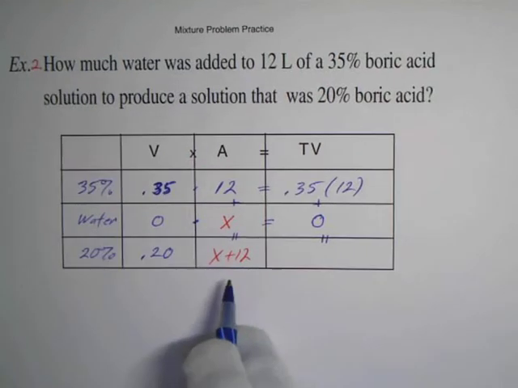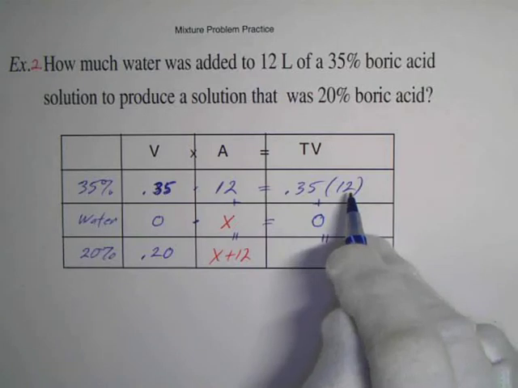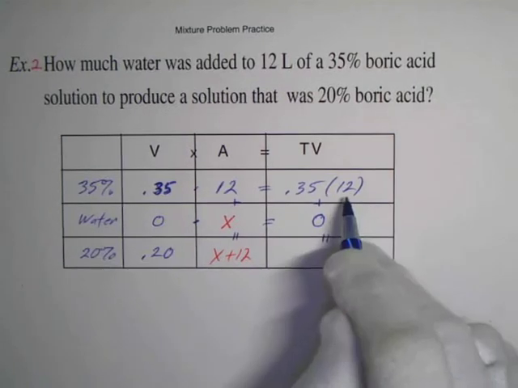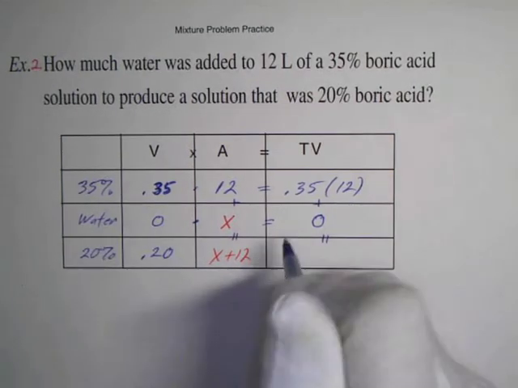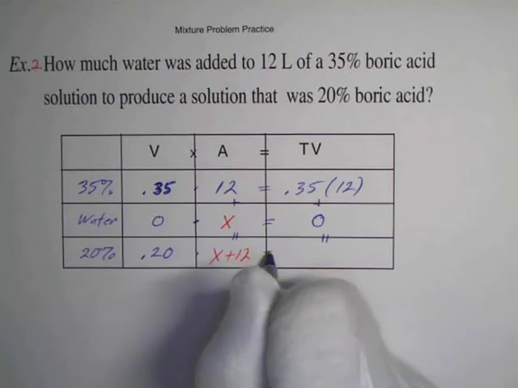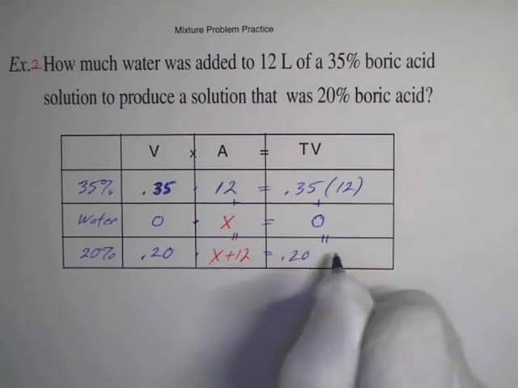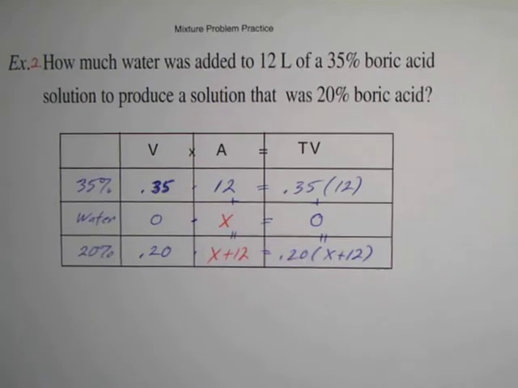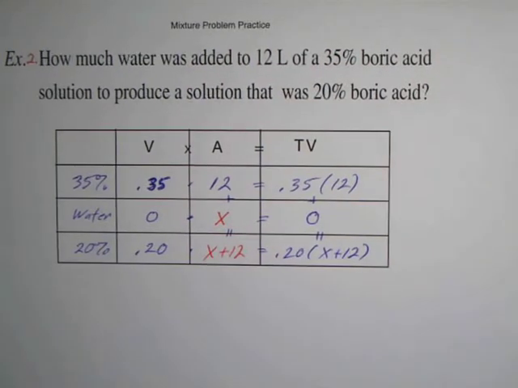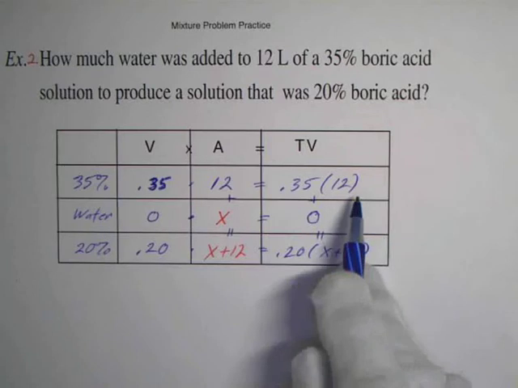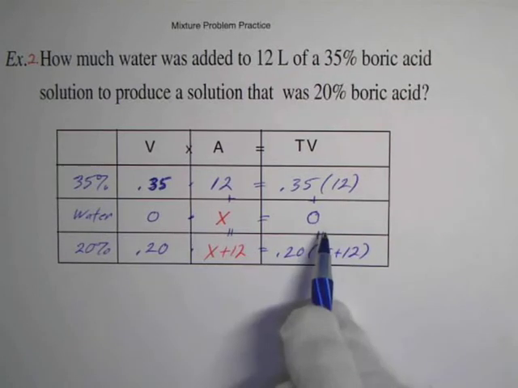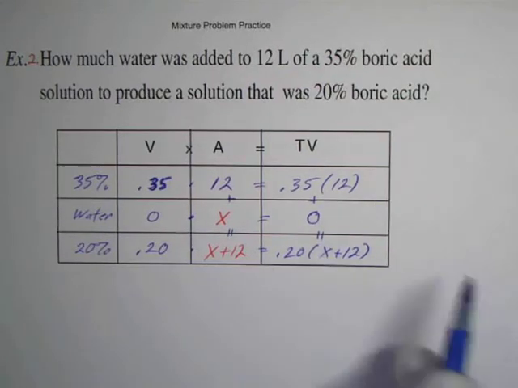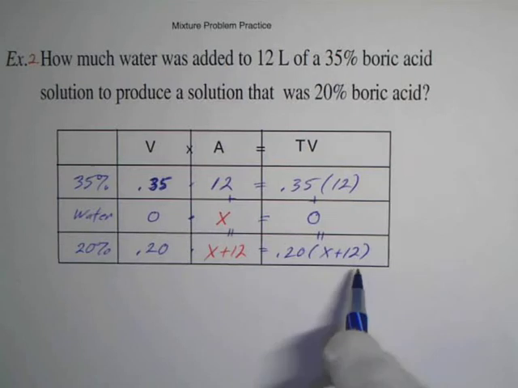This is the new amount, so I want 20% of that to be boric acid, and this is the boric acid I have, so 20% of this amount will be that, because I haven't added any more boric acid. So it's going to multiply across, and that's going to be 0.20 times X plus 12. So we're just balancing the amount of boric acid we have. We have this much boric acid, we're adding some water, and we want 20% of the amount we have, the 12 plus X, to be boric acid. So there's your equation.